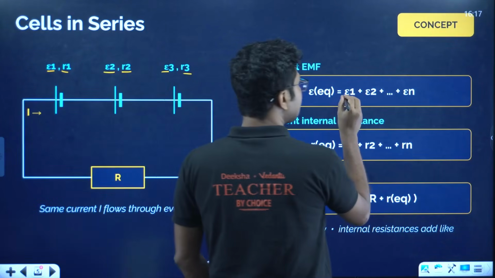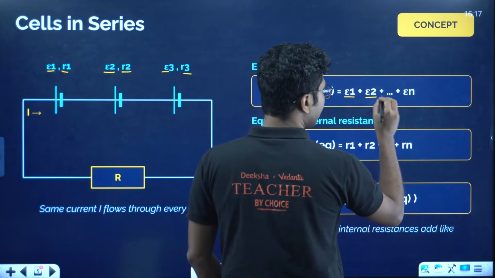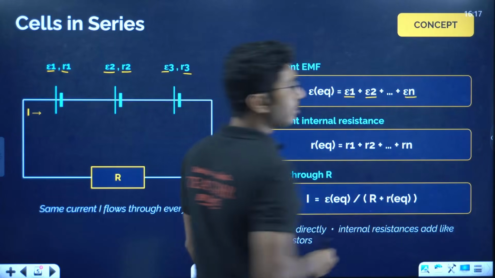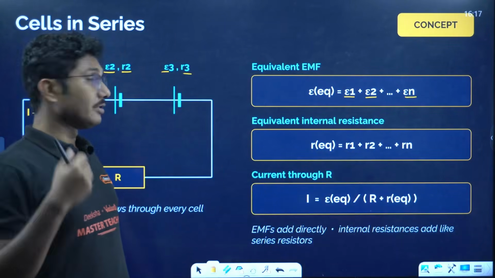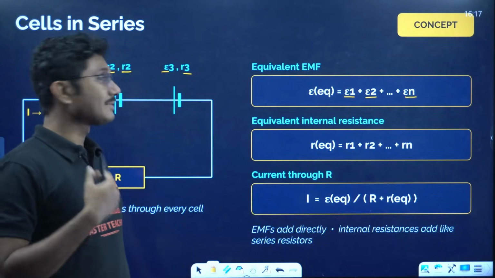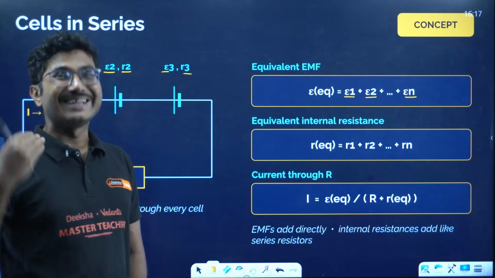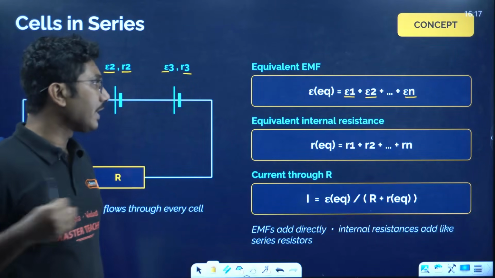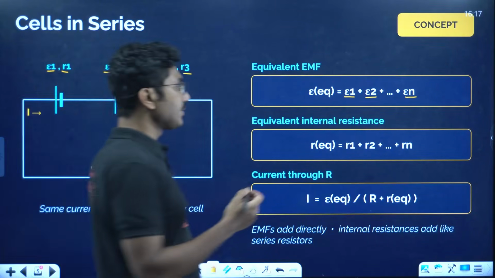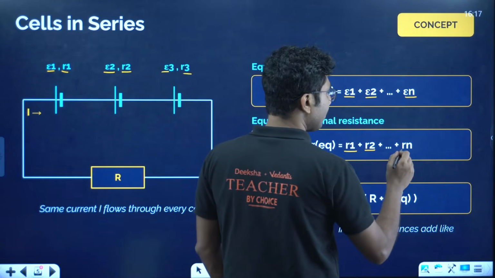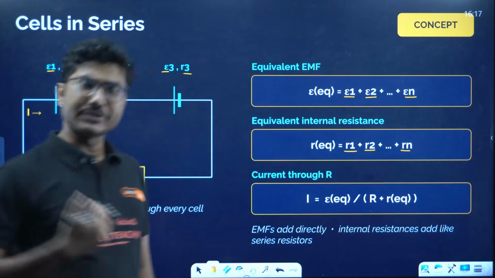How? It just adds up: epsilon 1 plus epsilon 2 plus epsilon 3 plus ... epsilon n. Right? Equivalent internal resistance is given by R1 plus R2 plus ... Rn. So internal resistance also increases.